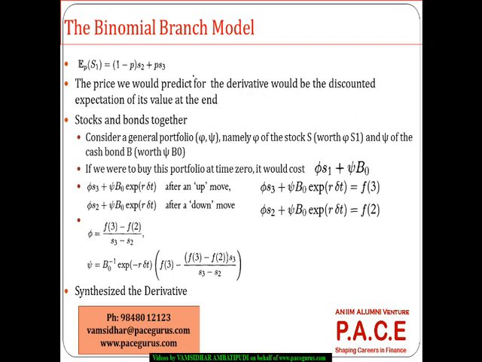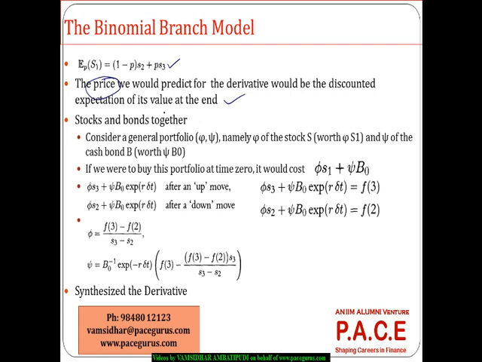So the expected value, I can very well find out like this. And if I really want to find the price of that derivative, I will discount this expected value to the present value and say that that is the price of a derivative. But that will not eliminate my uncertainty part.